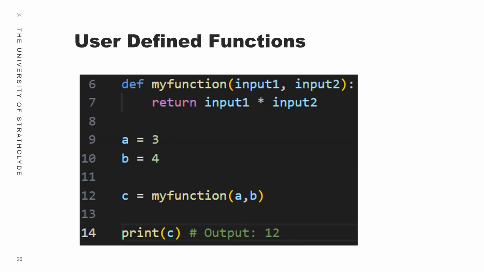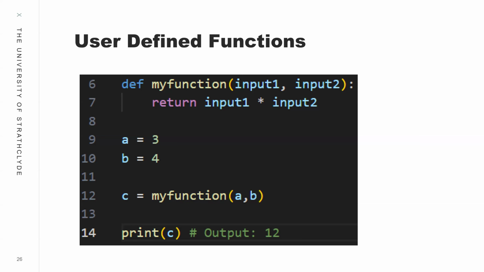Now, user-defined functions. This is one of the functions that I have just made, and I called my function. This is the syntax. Only this place is the function definition. def comes from define, then a space and your function name. It should be unique, just like a variable.